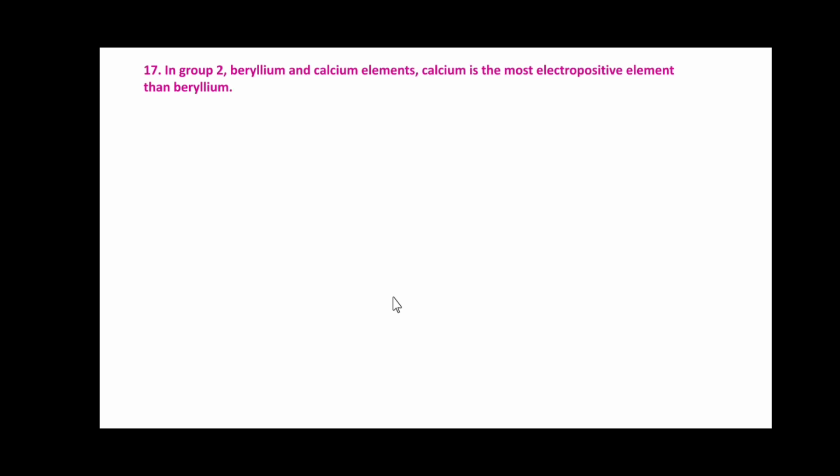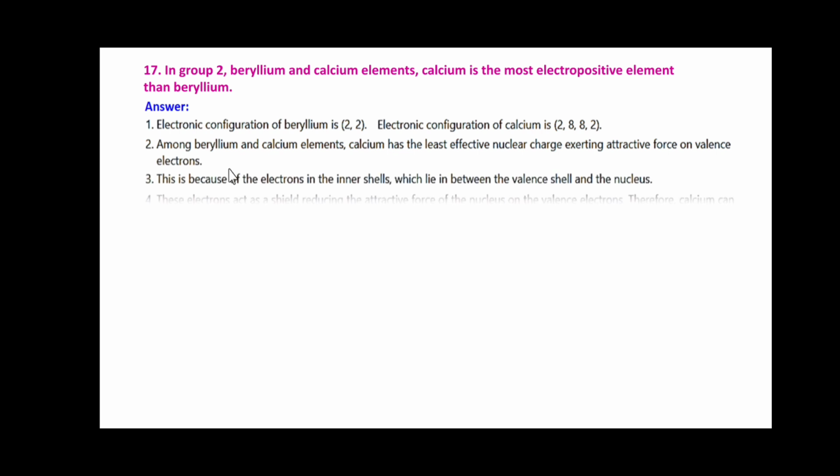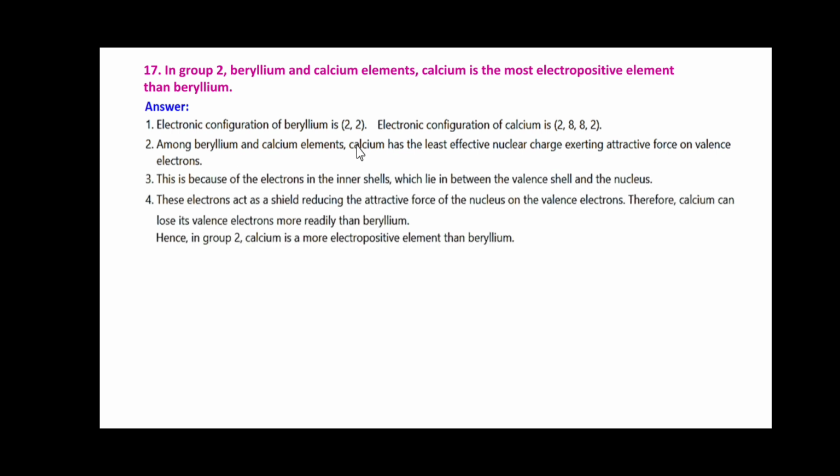In group 2, among beryllium and calcium elements, calcium is a more electropositive element than beryllium. Electronic configuration of beryllium is 2,2. Electronic configuration of calcium is 2,8,8,2. Among beryllium and calcium, calcium has the least effective nuclear charge exerting attractive force on valence electrons.